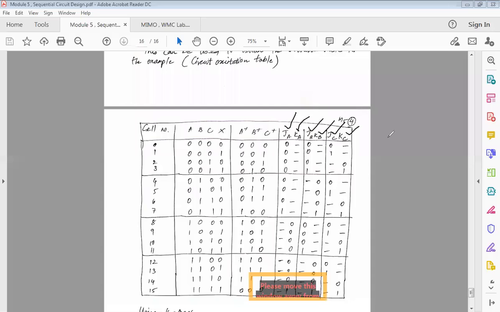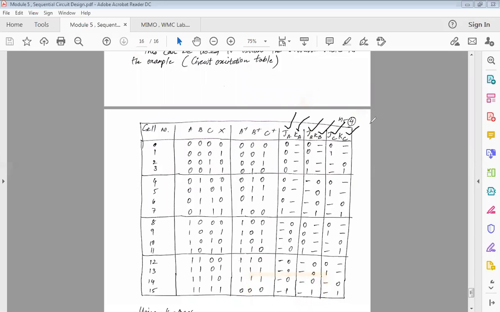So how many equations will I get? Sir, 6. 6 equations, right? So 6 K maps and 6 customized equations. Once I get those equations, I will be working out with the diagram.